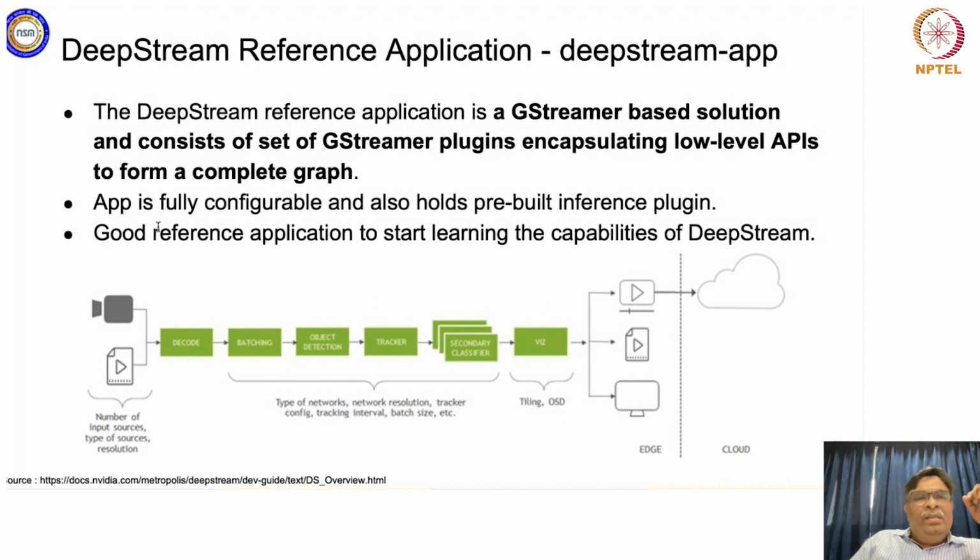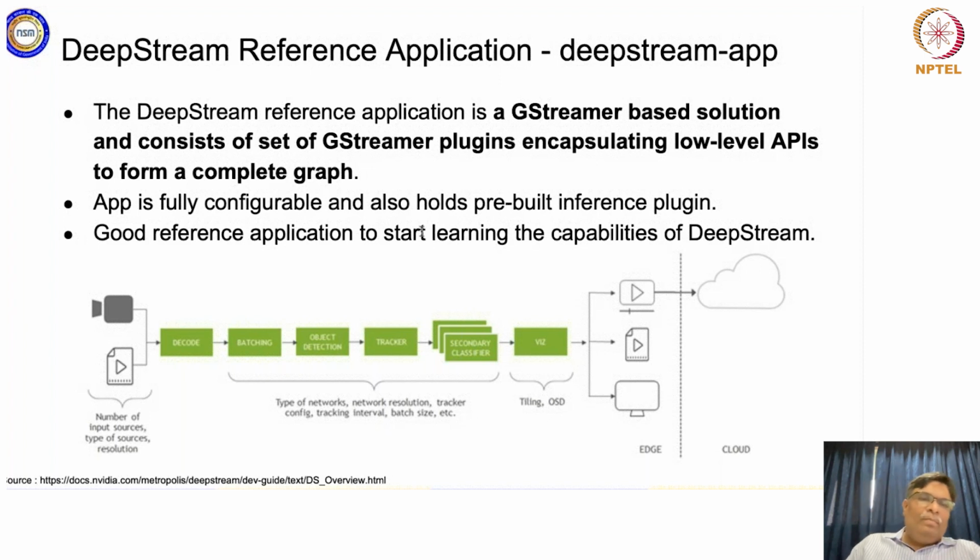So this app is fully configurable and you can also hold a pre-built inference plugin. As it is very modular in nature, you can go on adding various plugins. And the capabilities of this Deepstream would be very useful when you try to develop some applications, as we will see in some of the examples.